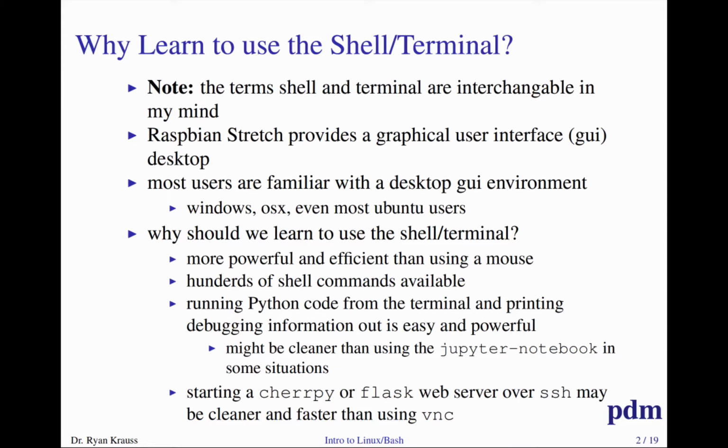And additionally, there's some aspects of using VNC that are sometimes a little bit annoying if you can't get an optimal compromise between graphic resolution and desktop size versus network speed and that kind of thing. There's always just going to be a little bit of network lag. And so SSH and then logging in and starting a CherryPy or a Flask server might be cleaner and faster than using VNC. So I think there's a lot of reasons.